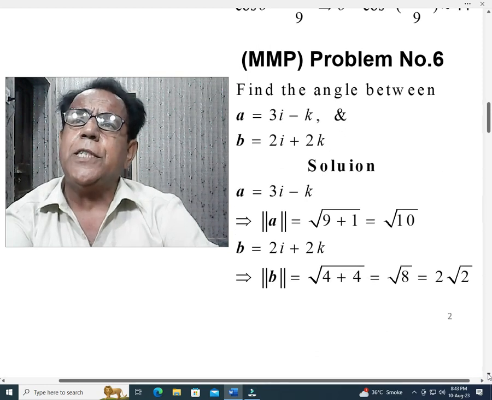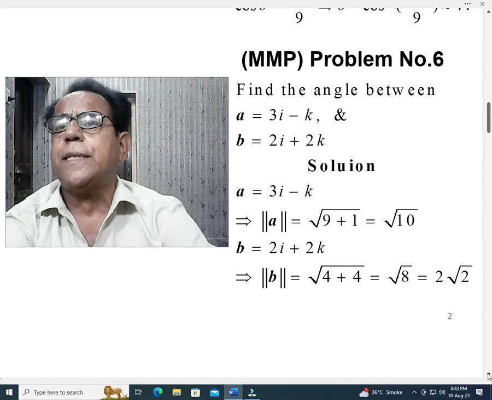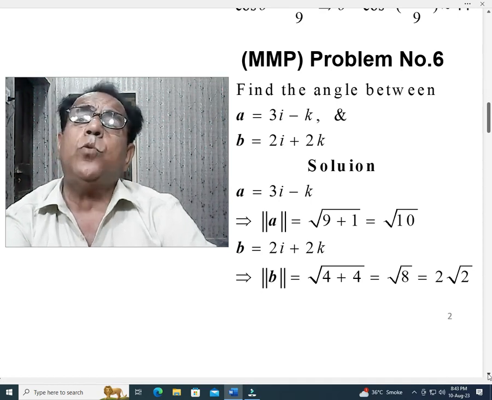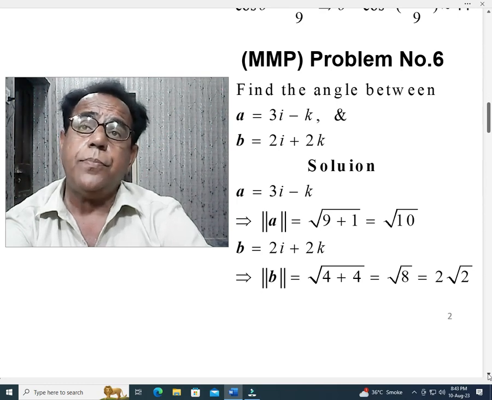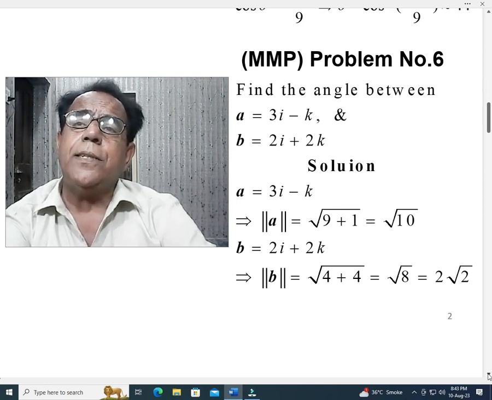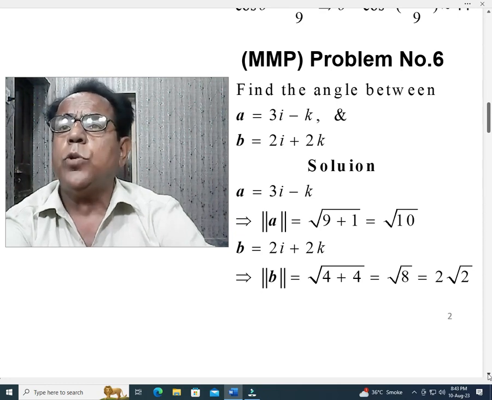Mathematical methods in physics, problem number 6: find the angle between A equal to 3i plus k and B equal to 2i plus 2k. Solution: A vector is equal to this, so magnitude of A vector becomes equal to 10 under root.